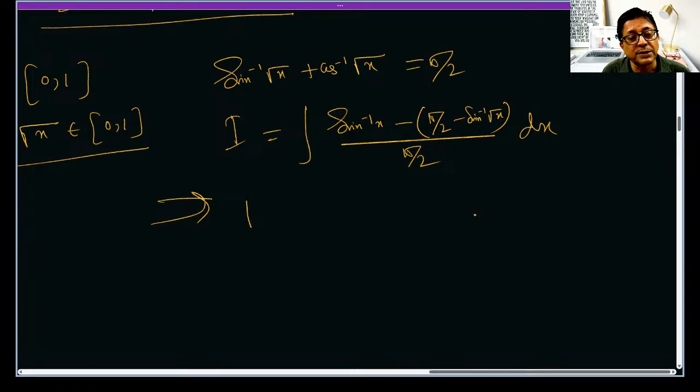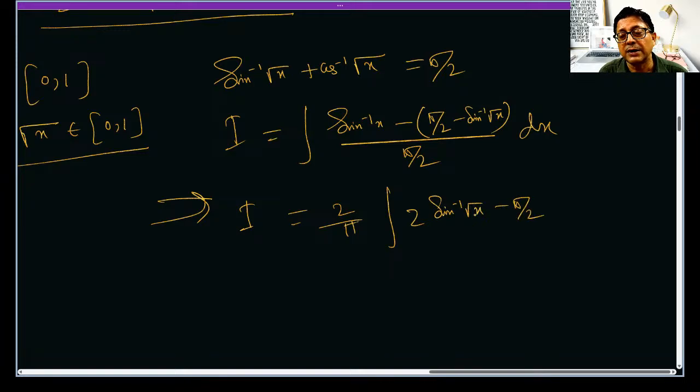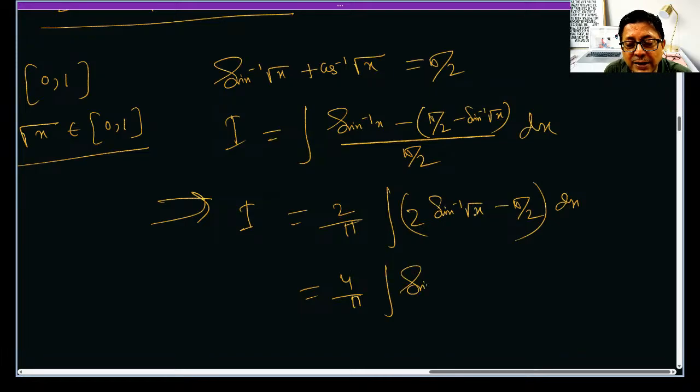So now separate. I equals 2 by pi integration of 2 sin inverse root x minus pi by 2 dx. Clear? So this will be 4 by pi, this minus dx.